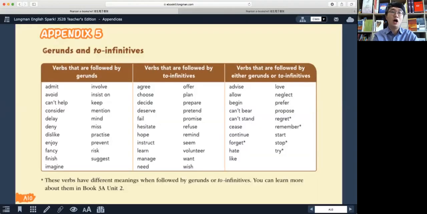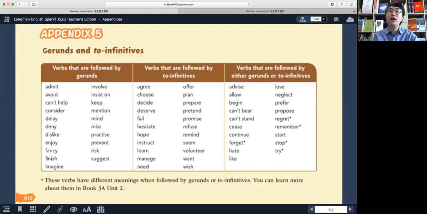Do you still remember this table? This one. Gerunds and to-infinitives. I'm sure that your teacher asked you to remember or even to recite this table because this table is very useful.